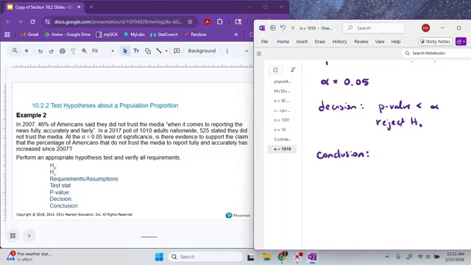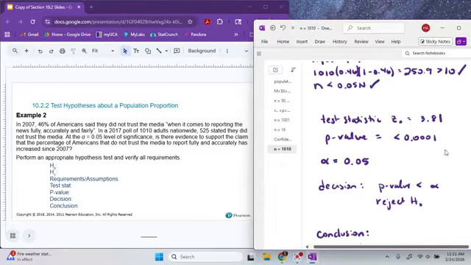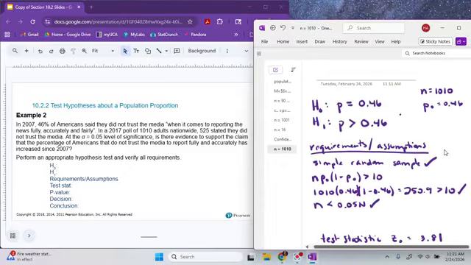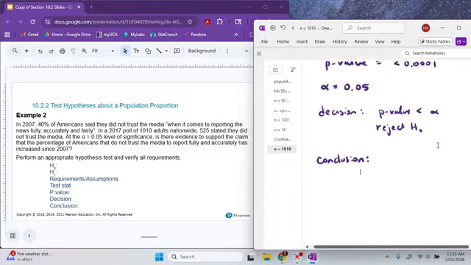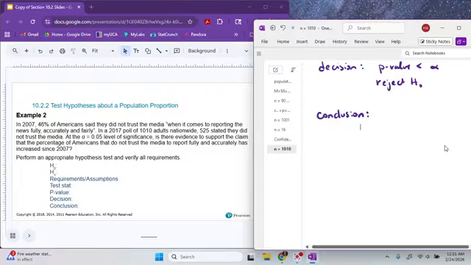Okay, so I have to go back to my hypotheses. I am rejecting H0. So that means we are not believing that that's true anymore. And that means we're going to go with the alternative. So we'll say that P is greater than 0.46. But when I give my conclusion, I want to put this back into words.